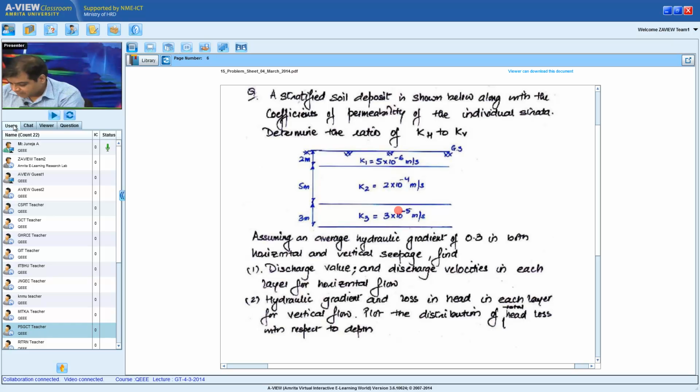If you remember the equation we had, KH was equal to K1H1 plus K2H2 plus K3H3 divided by H. That was the KH.